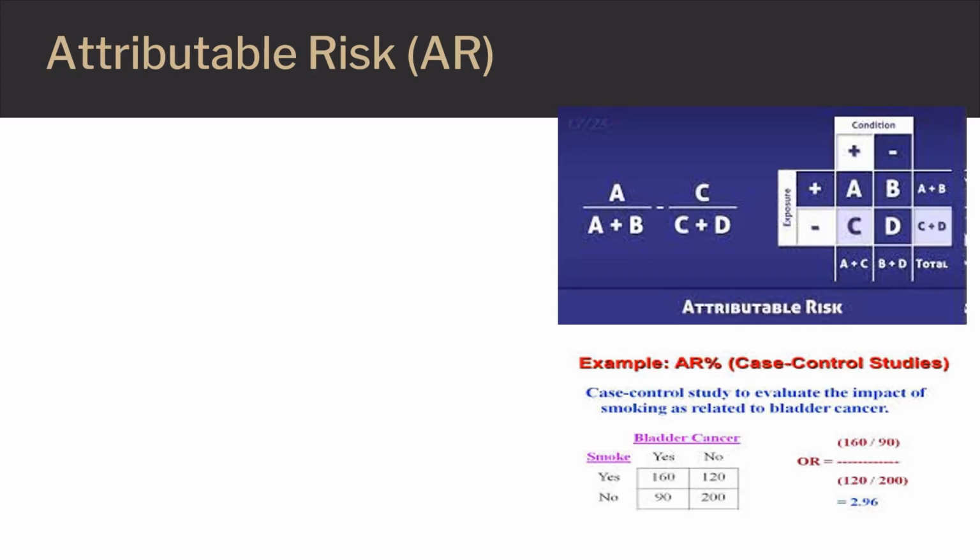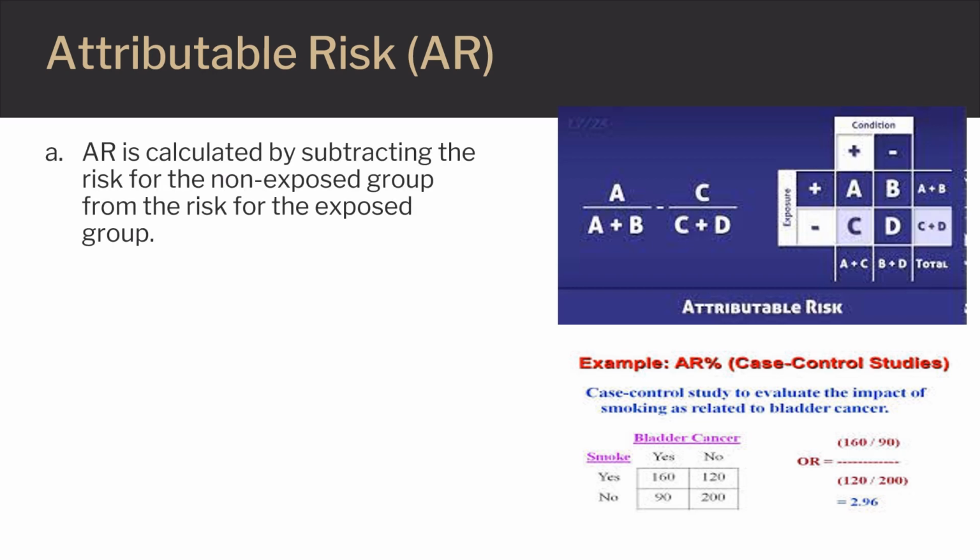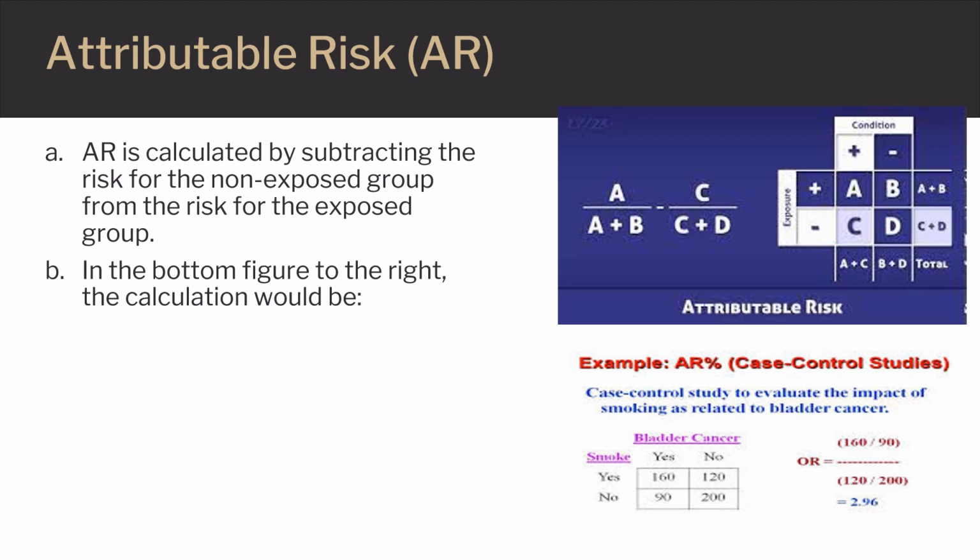In contrast to odds ratios, the mathematics of attributable risk involves subtracting the risk of a non-exposed group of people from the risk of an exposed group of people. To perform this mathematical operation, we have to add the rows of both positive and negative exposure as seen in the graphic on the lower right portion of this slide. After we get these row totals, we then add those values to individual cases of those engaging in a given behavior, such as smoking, with those not engaging in the behavior.